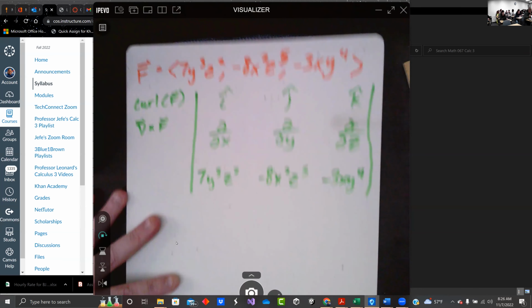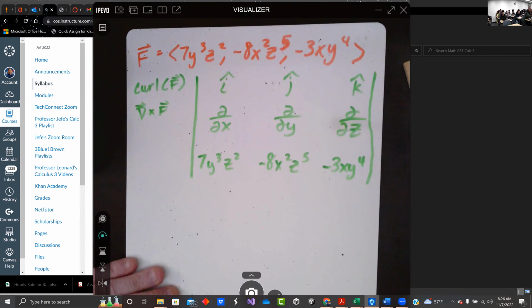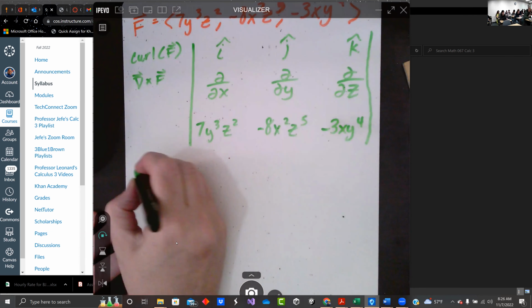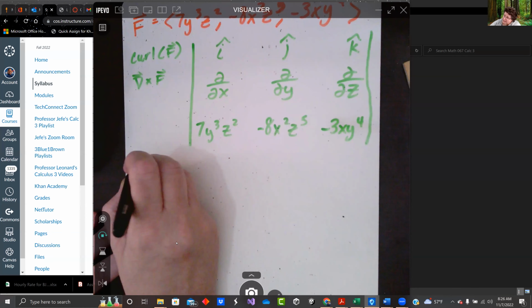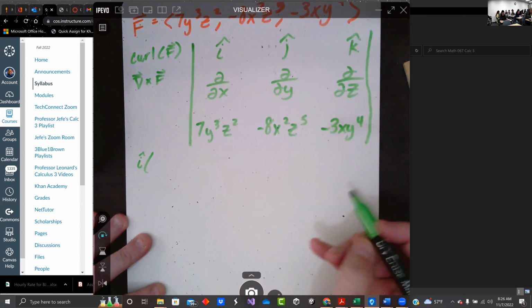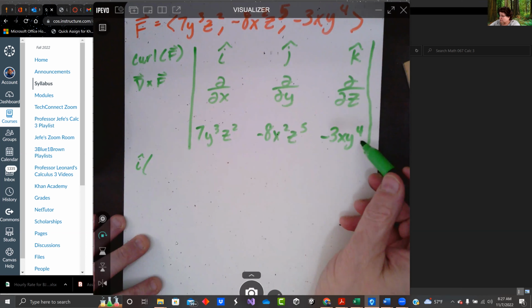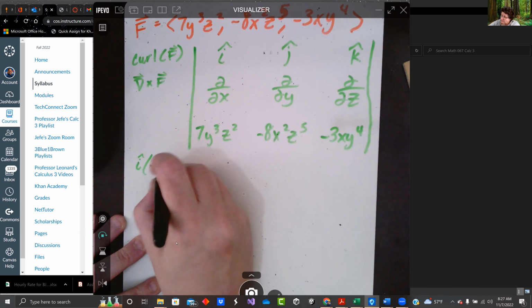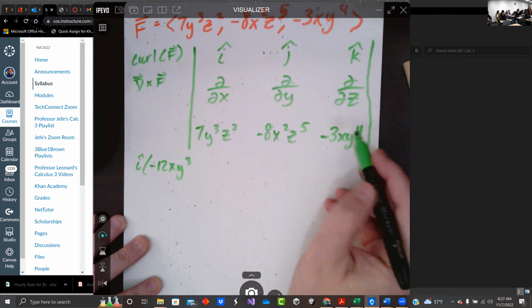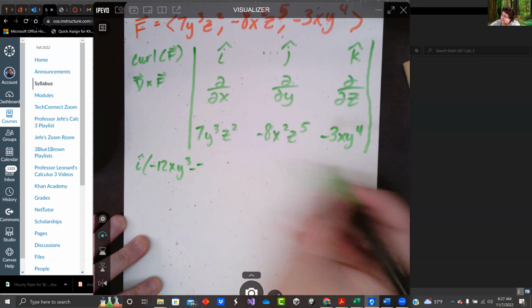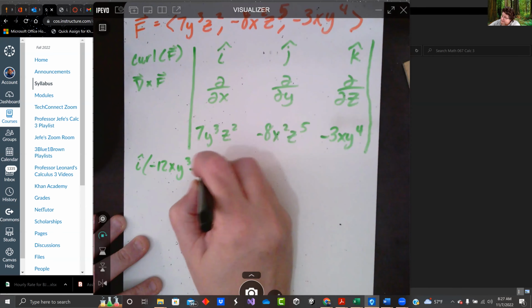So now, from the vector field, in the i component, I have negative 12 x y cubed minus a negative 40 x squared z to the fifth.